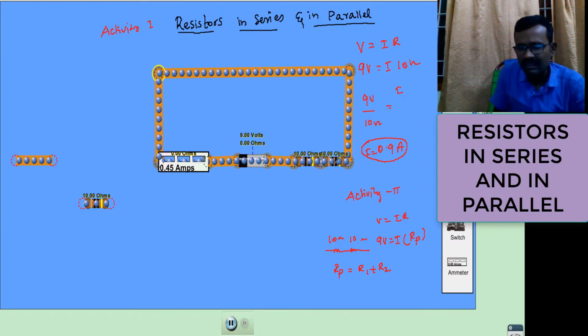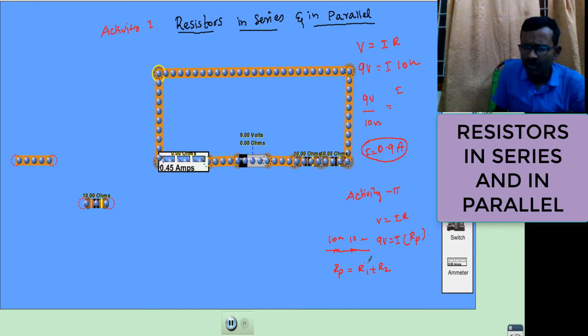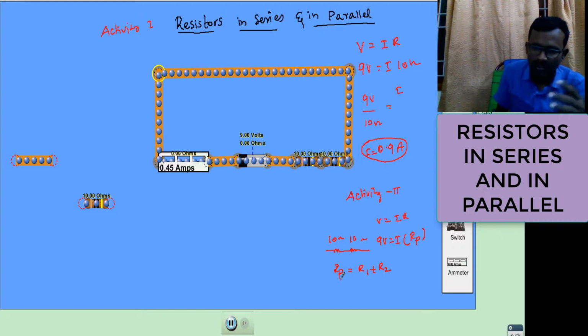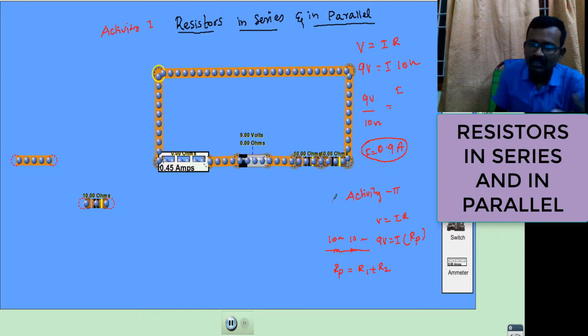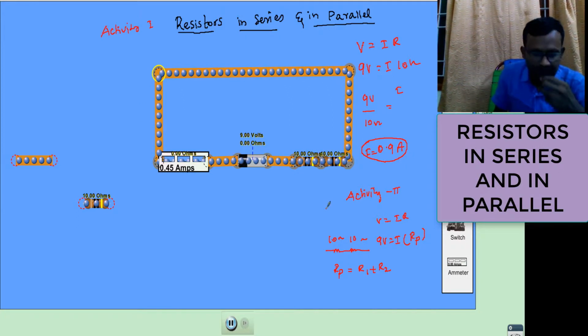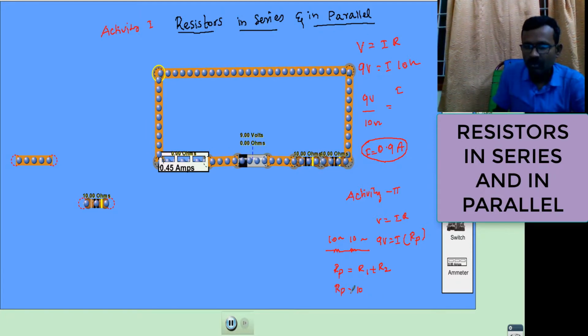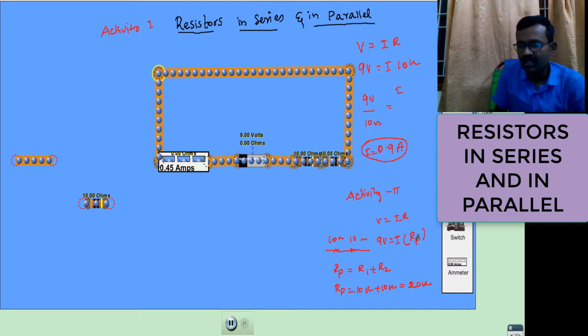When resistors are connected in series, they should be added. If you want to learn about the logic of why we add these resistors, you may study it in your higher education. So now I add: RS is equal to 10 ohms plus 10 ohms. We get 20 ohms here.